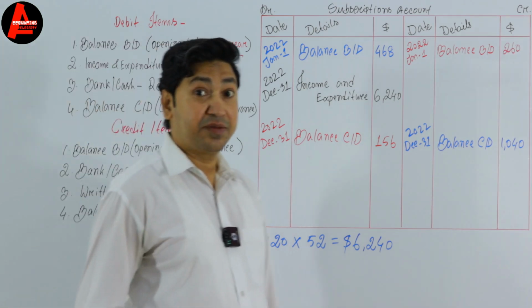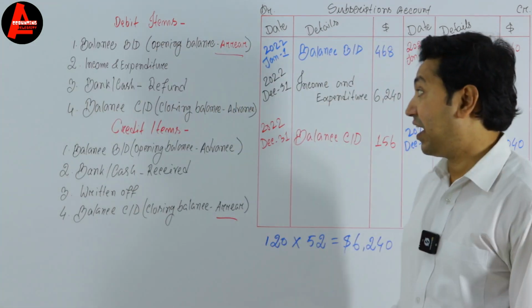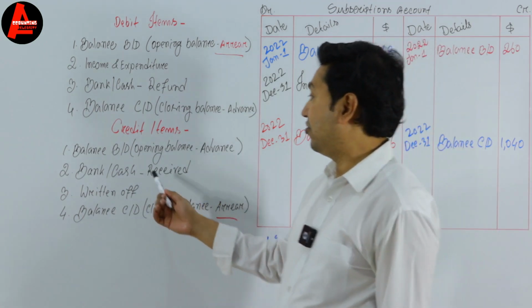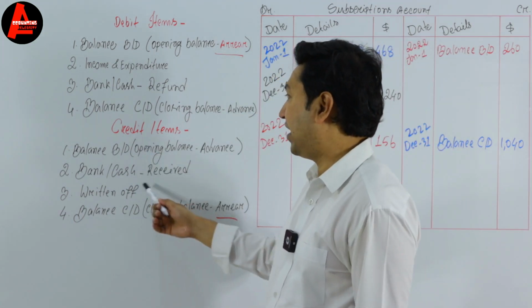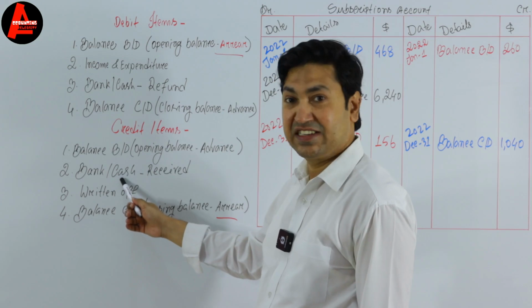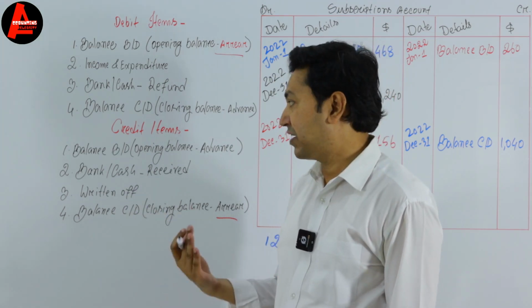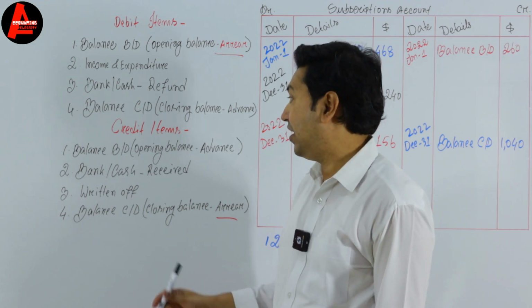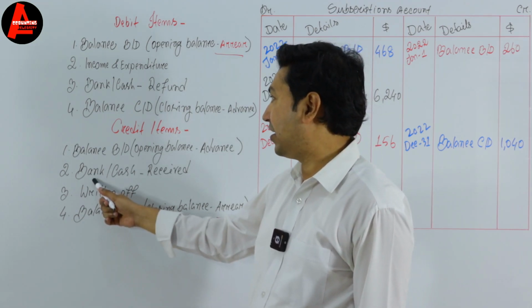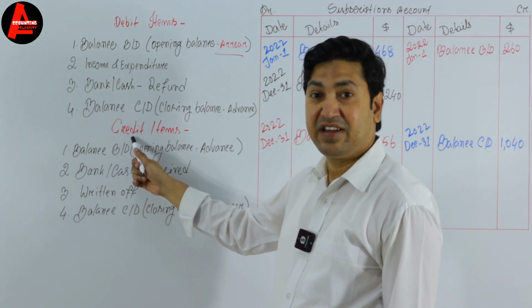Receipt, where to enter, which side? Here it will appear on the credit side as bank or cash. The question clearly says this club makes all transactions by bank, so we will write bank on the credit side.